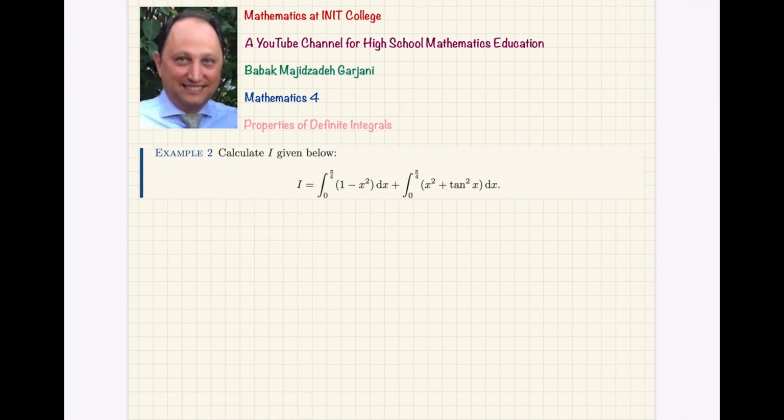Okay, so let us go to the next problem. For example, here, I have asked you to calculate I given in the following form. Of course, you might say that I don't have any problem with that, but if you start doing this, then you will face problems here, because tangent squared is not something at the level of your lesson how to find a primitive function for that.